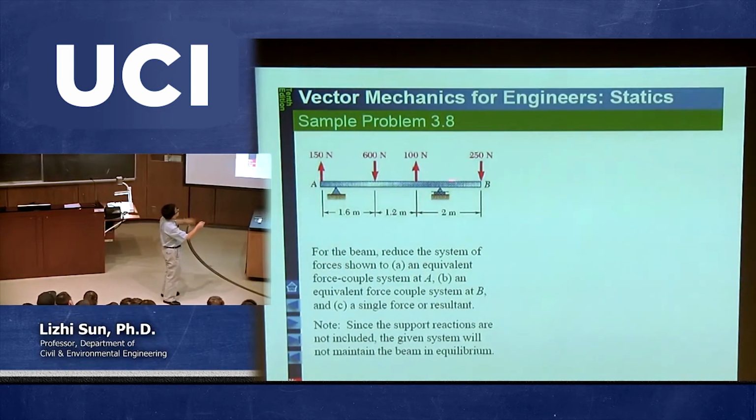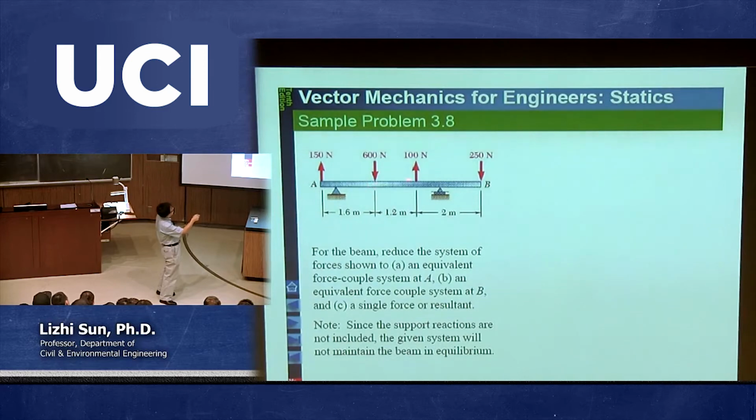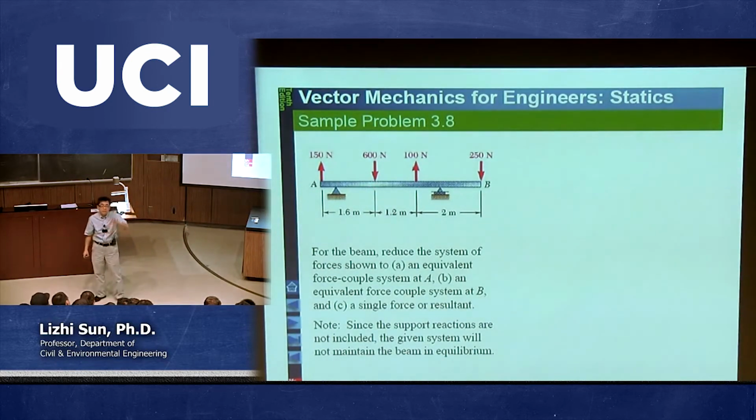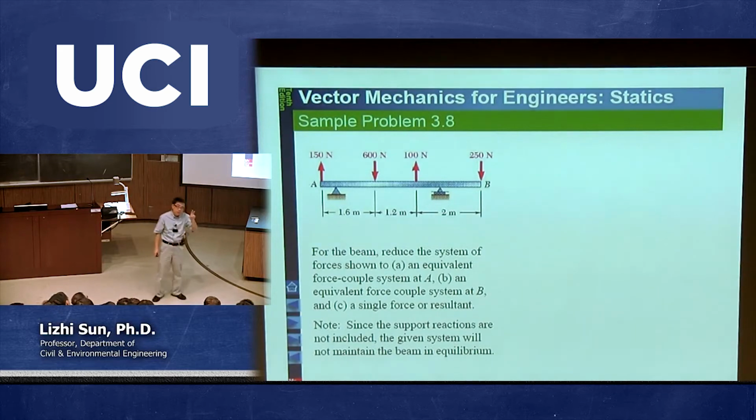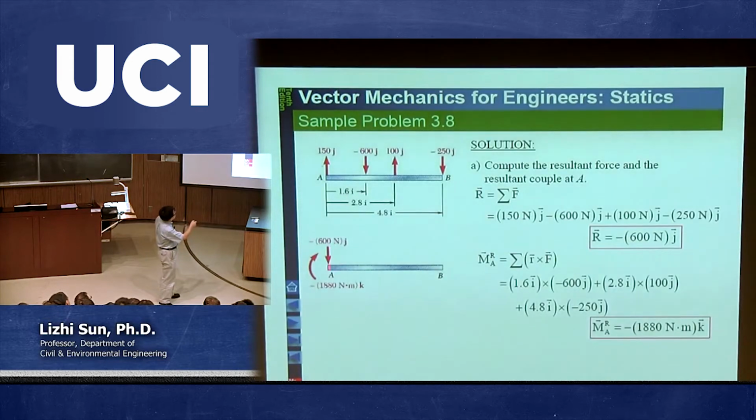For example, you pick point A, or you pick point B, or you can pick this point, or you pick this point. No matter what, you move all the forces to that point. And then you finally end up with one force and one moment. And that force is called the resultant force, and that moment is called the resultant moment. So you simplify the original scenario with multiple forces into a single force and a single moment.